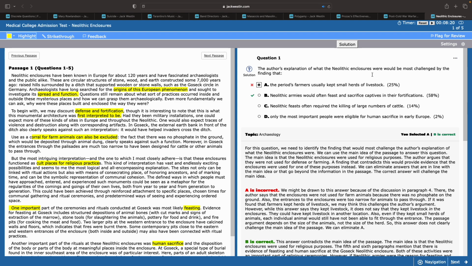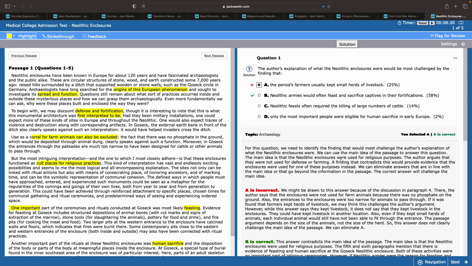Oh, the period's farmers usually kept small herds of livestock. Why did I choose this one? Kept small herds of livestock. Oh, that's also not bad. Let's look at this one first.